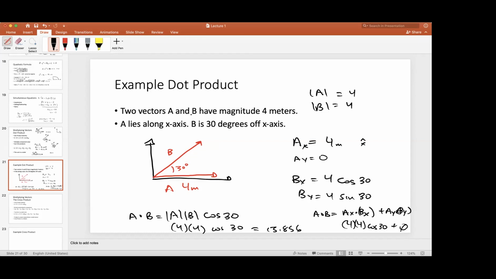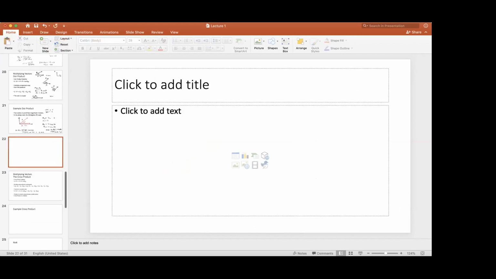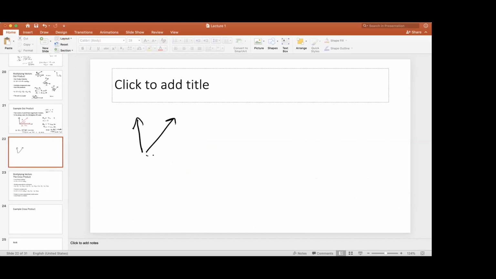I want to show you something a little bit important here. Now, imagine it instead, okay? I'm going to rotate this thing through. So this is still 30 degrees between them, A and B, except I've rotated the whole thing up 60 degrees. So B now lies along the y-axis.